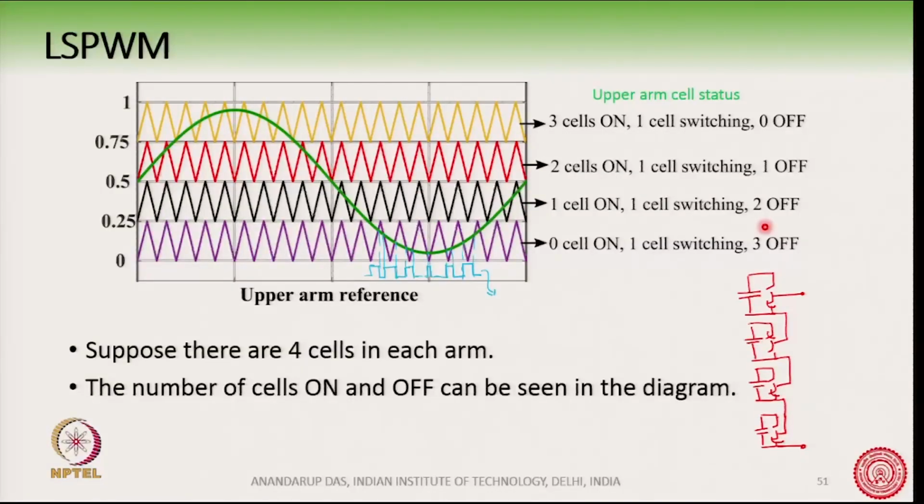But here we only understand how many cells need to be turned on, how many need to be turned off, and that one cell needs the switching. This much we understand at this point.